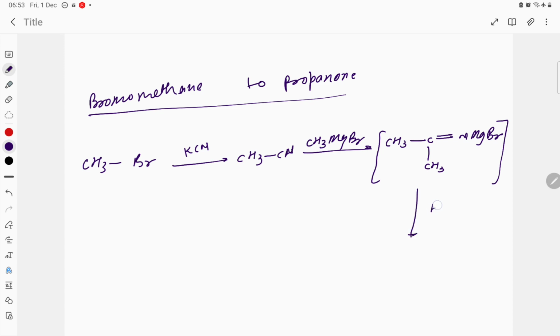This one, that is HOH, and H plus is also there. So if you do acidic hydrolysis, student, it will directly give the ketone. This one.